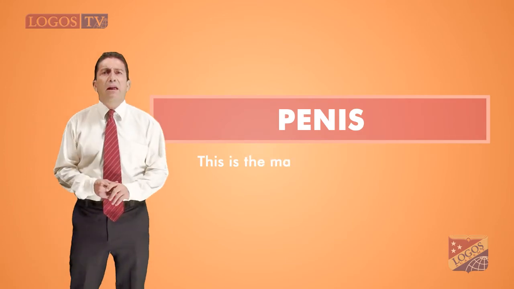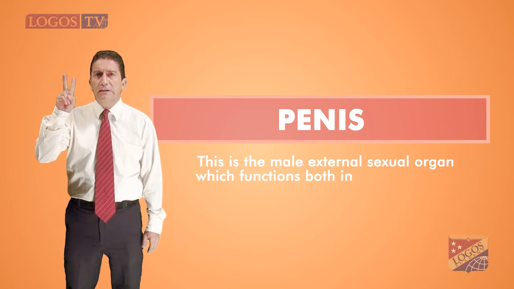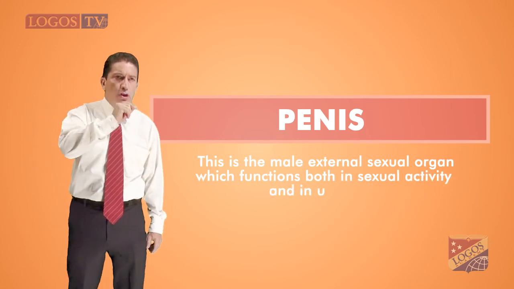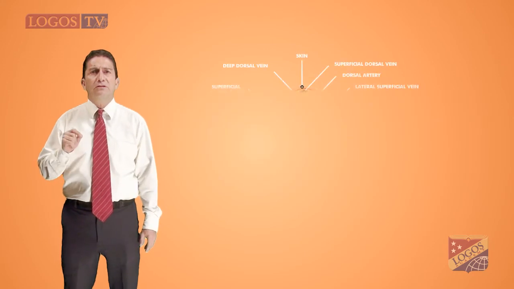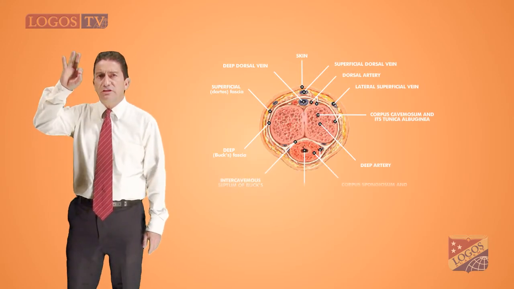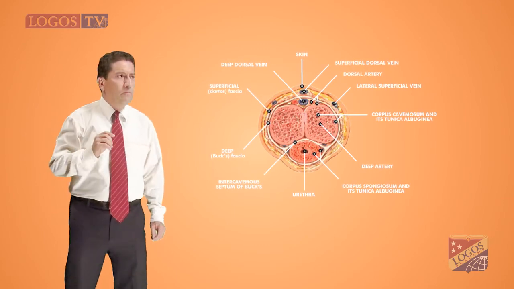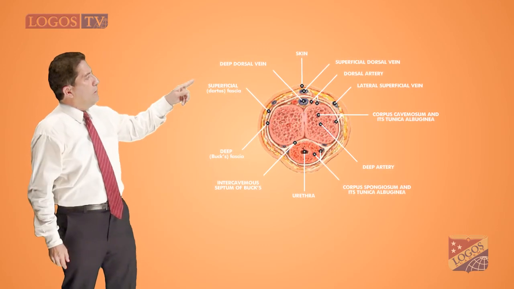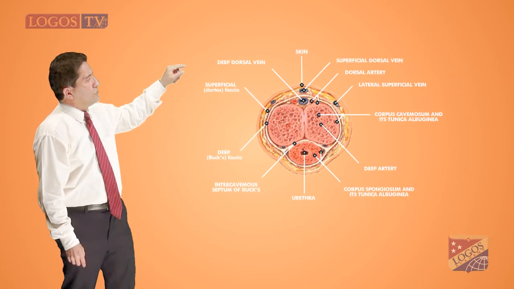This is the male external sexual organ, which functions both in sexual activity and in urination. Internally, the penis has three long cylinders of spongy tissue running parallel to the urethra. As we can observe here in this picture, there are three different parts that I'm explaining to you.